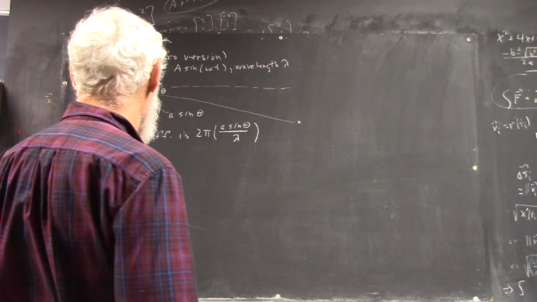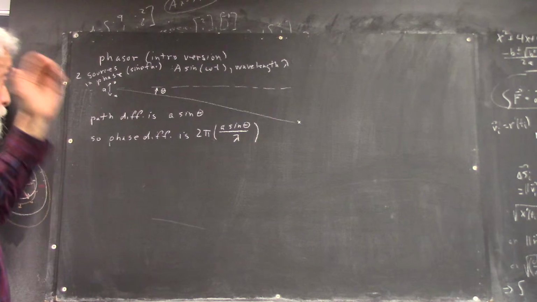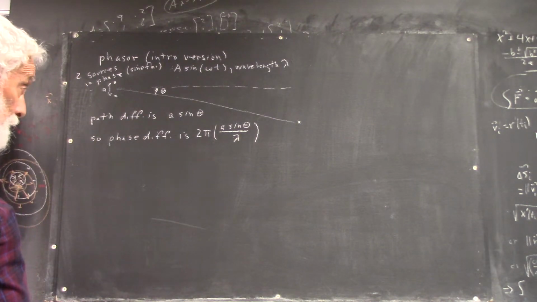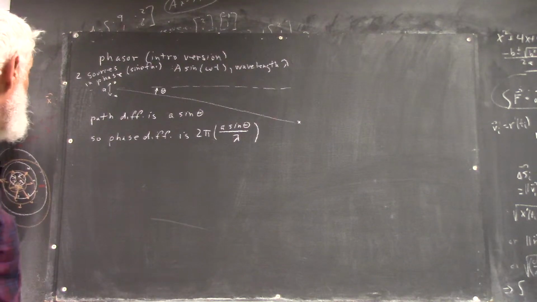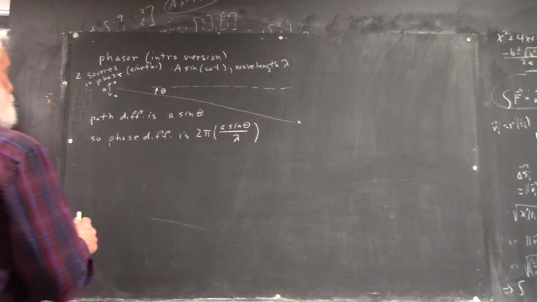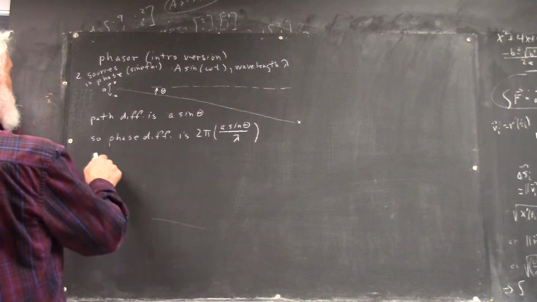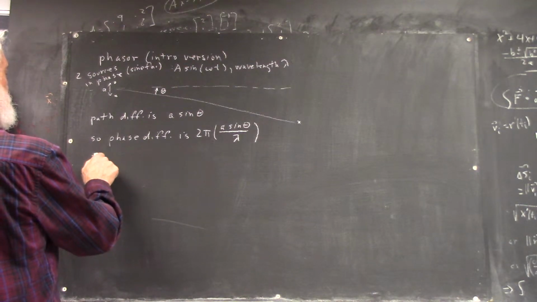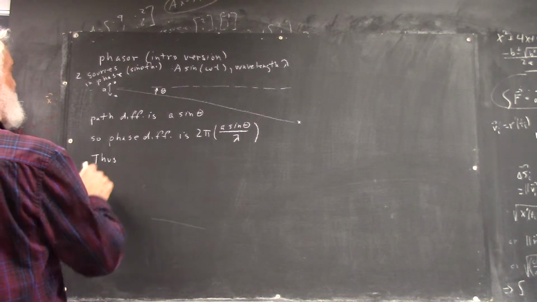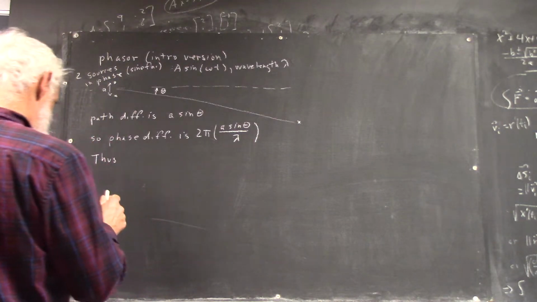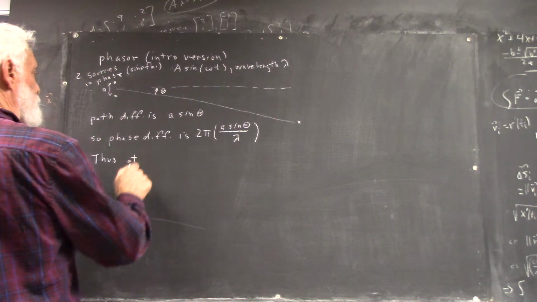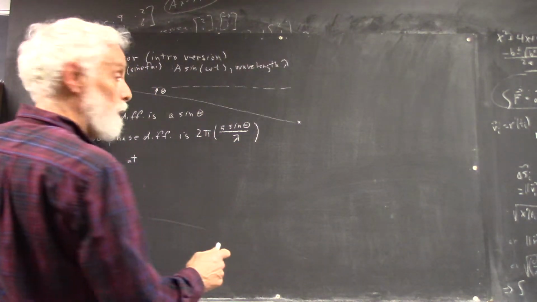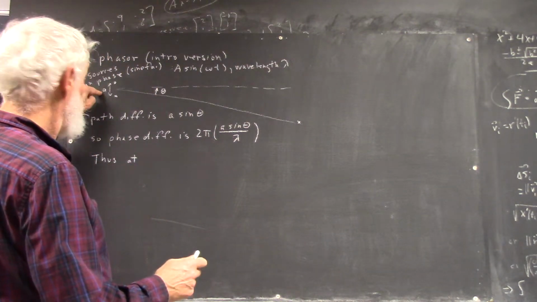So there's your phase difference, 2 pi times a sine theta over lambda. What is A in this case? The separation of the two sources.